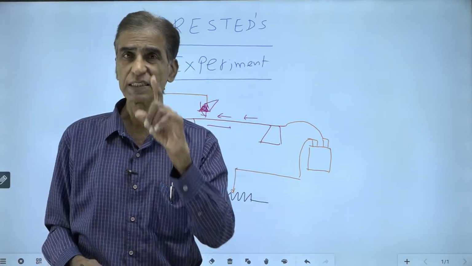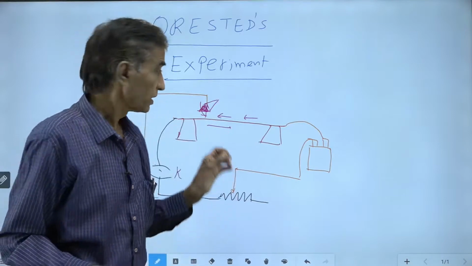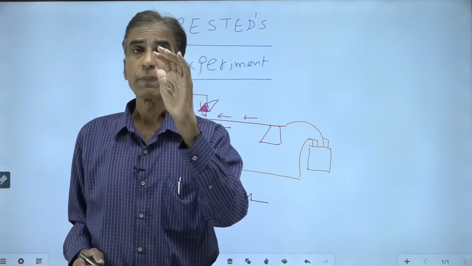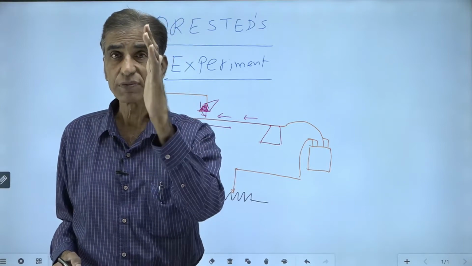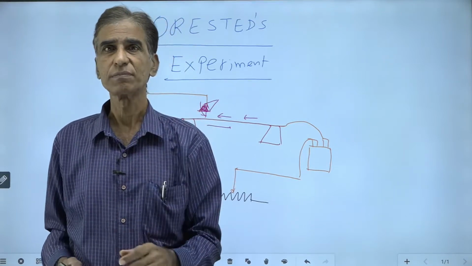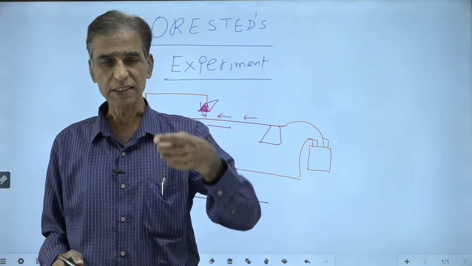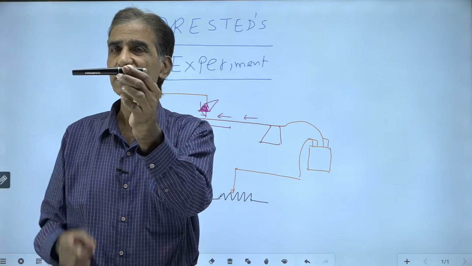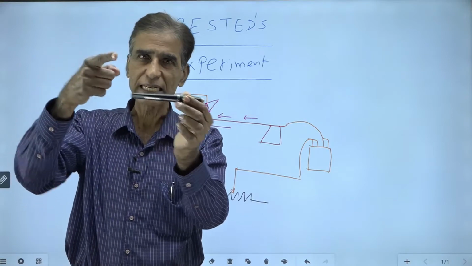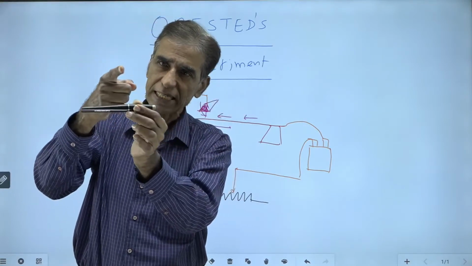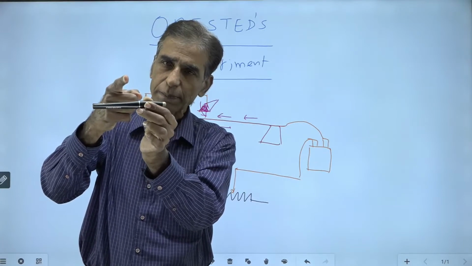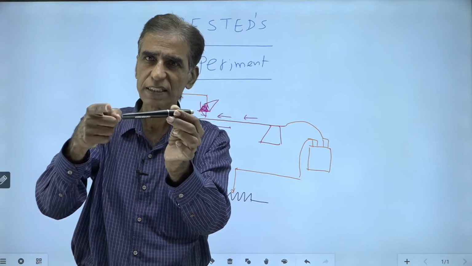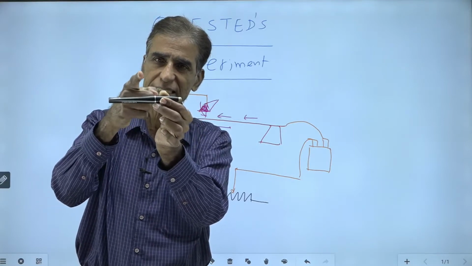And another, second important observation: this magnetic needle always aligns perpendicular to the direction of the flow of electric current. Suppose this is the direction of current, the wire carrying current like this. This magnetic needle is aligning perpendicular to the direction of the flow. Current is flowing in this direction or in this direction. The needle is coming perpendicular.